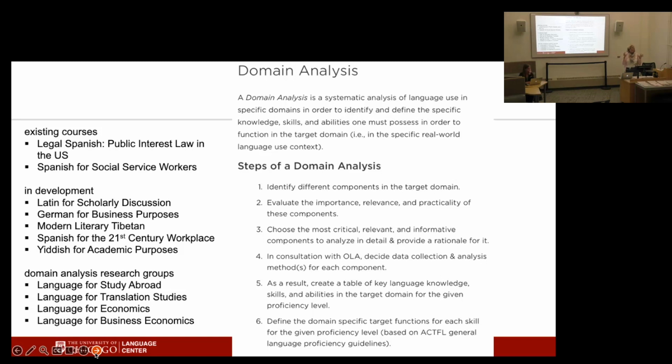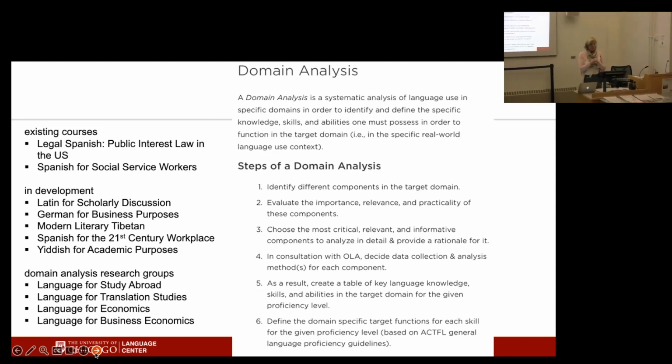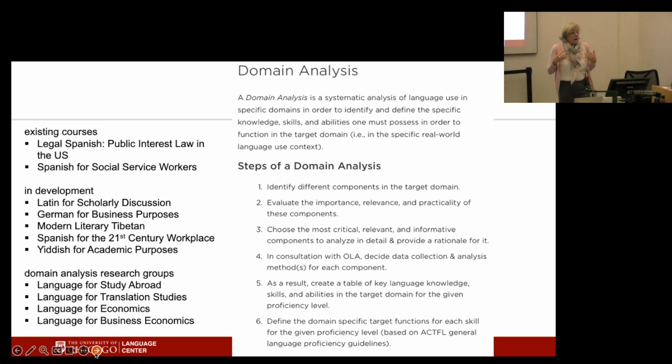The domain analysis is really a research project because you collect a lot of data which has to be coded and analyzed statistically, and that's how you build an argument for the description of your domain. Right? I mean, you are not trained. Of course you're not. Of course I'm not. I'm not trained in medicine either, but think of how many colleagues design those courses and what they are based on.